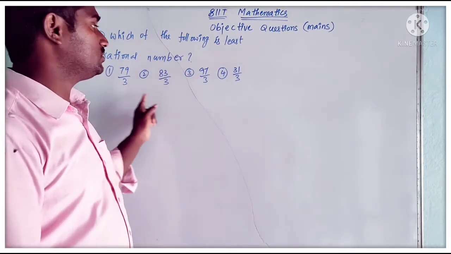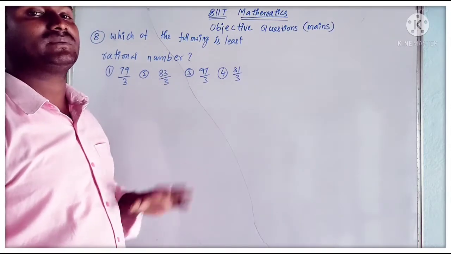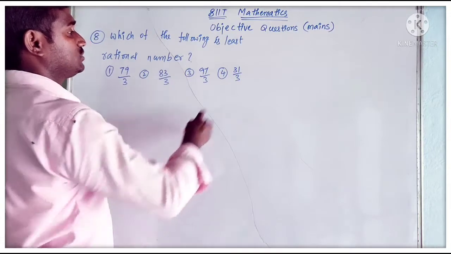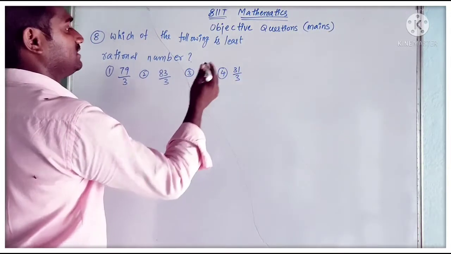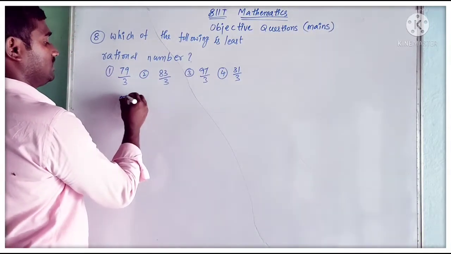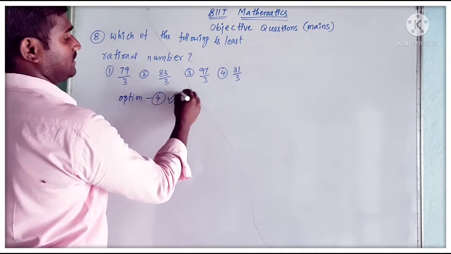In the numerator, the greater one becomes the greatest rational number, and the smaller one becomes the smallest rational number. Which is the smallest numerator? 31. So 31 by 3 is the smallest rational number. Option 4 is the correct option.